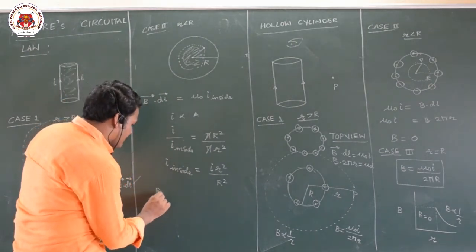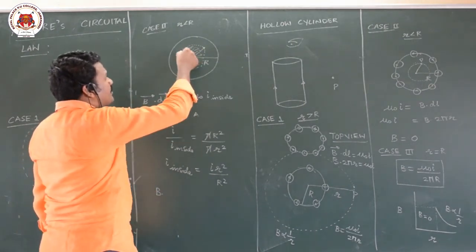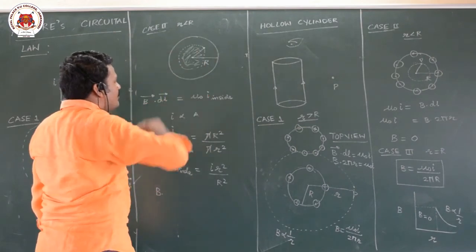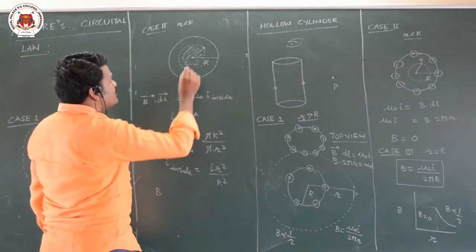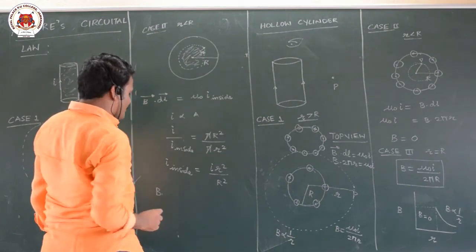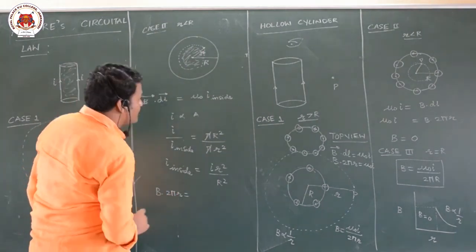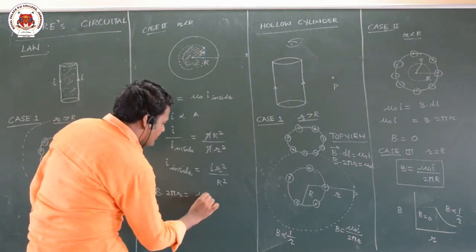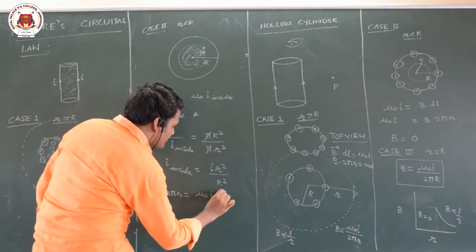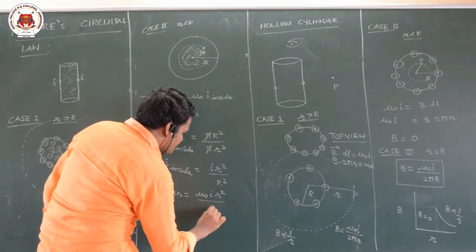B dot dl, you have to take the line integration over the loop which you have drawn. My loop radius is small, so B into 2 pi r is equal to mu naught I into small r square by capital R square.